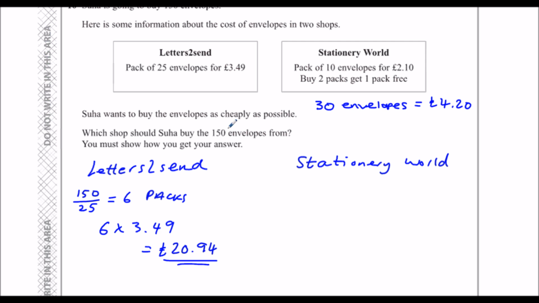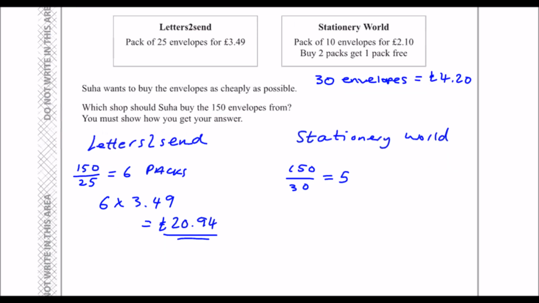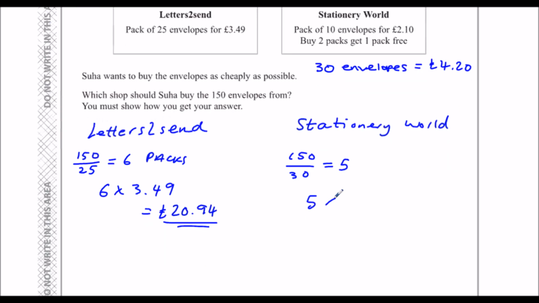So we want 150. 150 over 30, that is 5. So we need to buy 5 lots of 30. So 5 times £4.20.